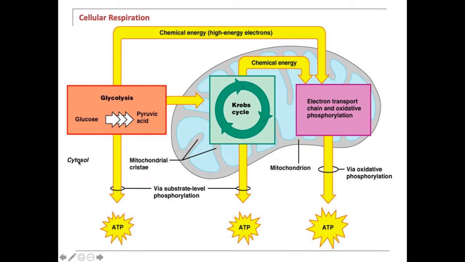Glycolysis takes place in the cytosol. Remember, the cytosol is within the cell, right? You have the cytoplasm and the cytosol. It's the liquid stuff between the cell membrane and the nucleus. That's the cytosol. But the Krebs cycle and the electron transport chain, that's happening in the mitochondria.